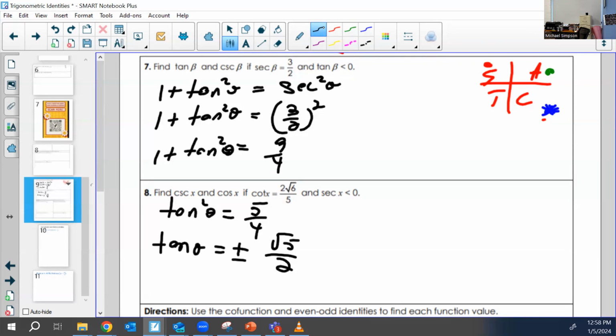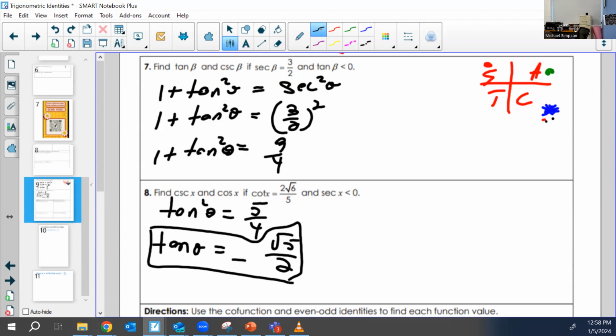Which one am I going to use, the positive or negative answer? I'm in this quadrant, so exactly, tangent is negative here. So I'm going to use the negative answer. That's my answer. Tangent is equal to negative square root of 5 over 2. You get that? Okay, good.